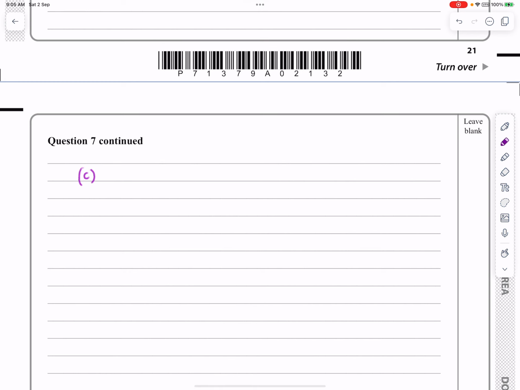Part C says, can we sketch y equals a ninth x squared minus 9. So I know it's a positive quadratic. I know it looks like that. I need to know where it hits the axes. So at x equals 0, y is going to be equal to minus 9.